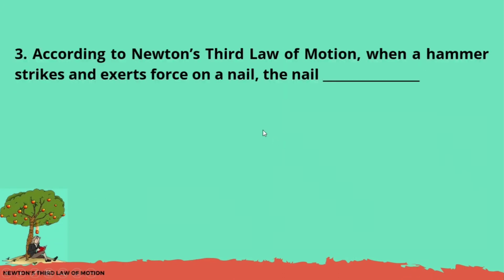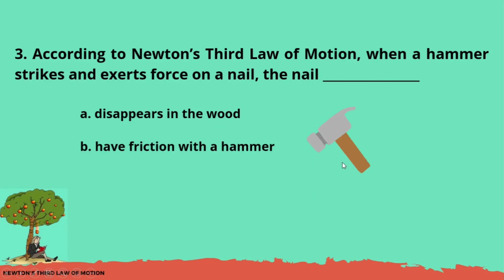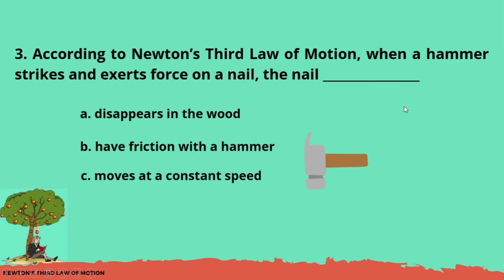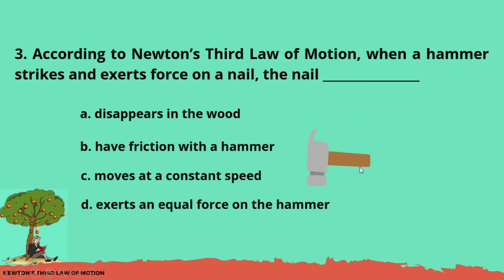And finally, number 3. According to Newton's third law of motion, when a hammer strikes and exerts force on a nail, the nail A. disappears in the wood. B. have friction with a hammer. C. moves at a constant speed.